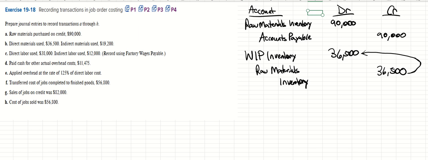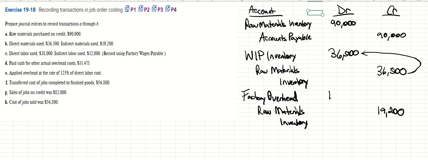Indirect materials also come from raw materials, so we're going to credit raw materials inventory for $19,200. Since these are indirect materials, we transfer that over to factory overhead, so factory overhead is debited for that same amount, $19,200.